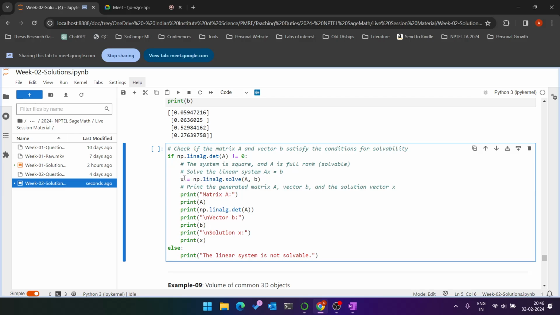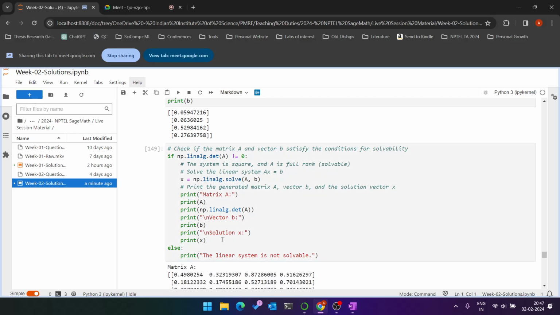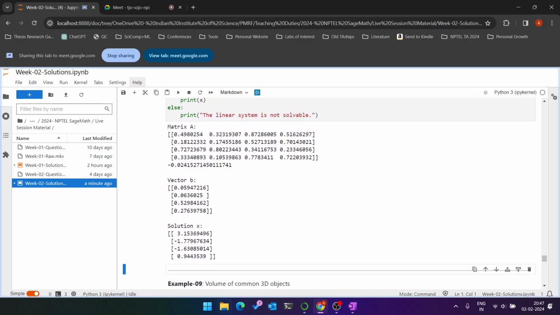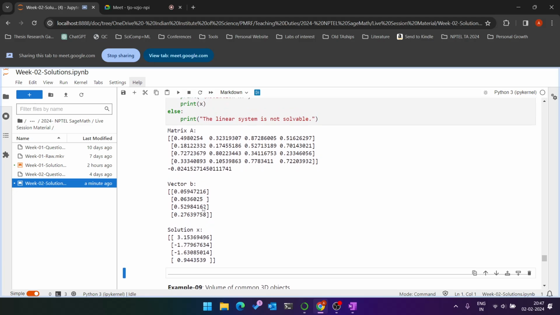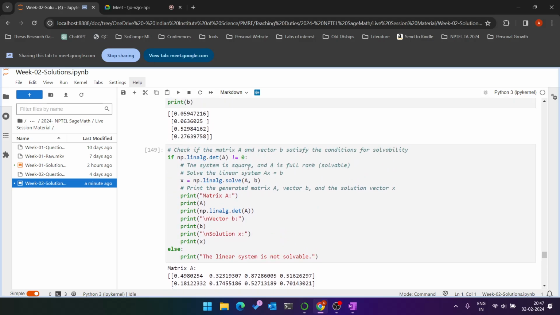This will find the vector x which satisfies our solution. So this is matrix A, b, and solution, A into x should equal b, and I am also printing the determinant of matrix A.